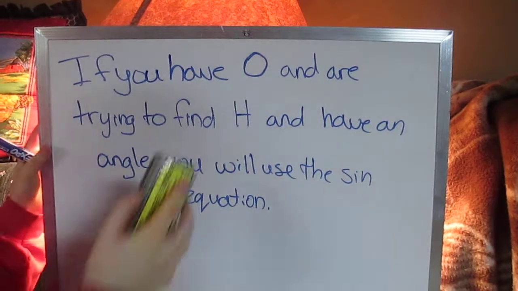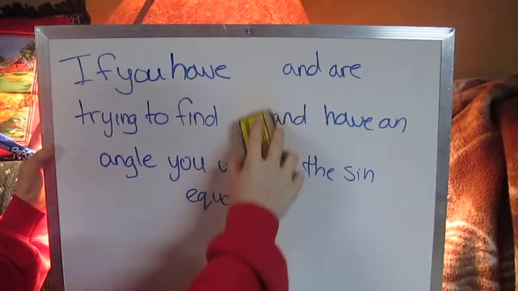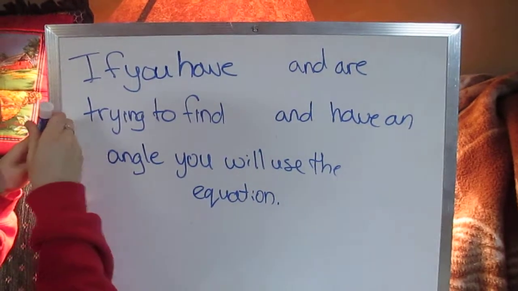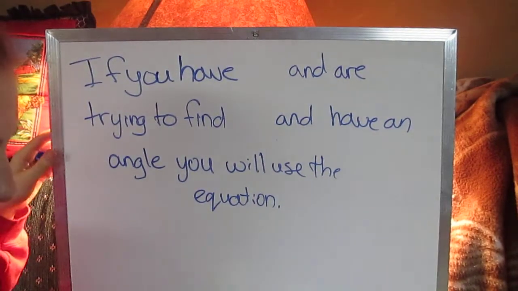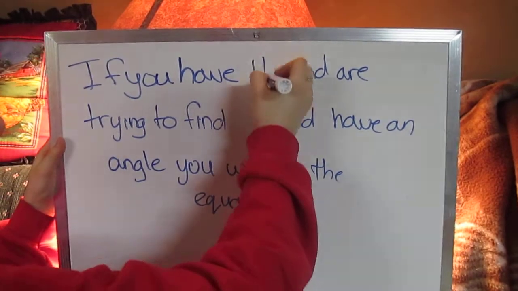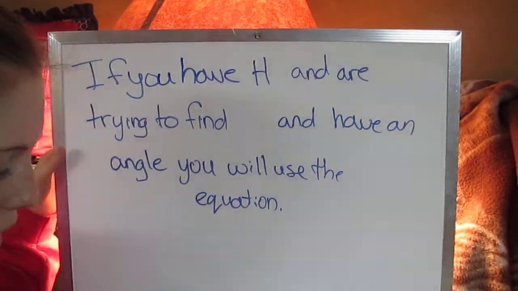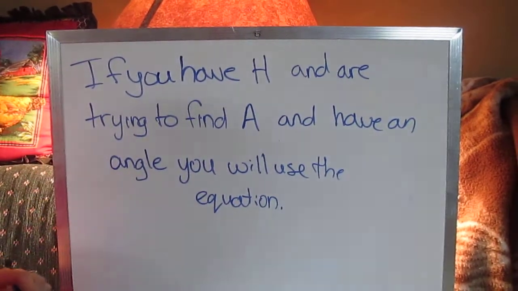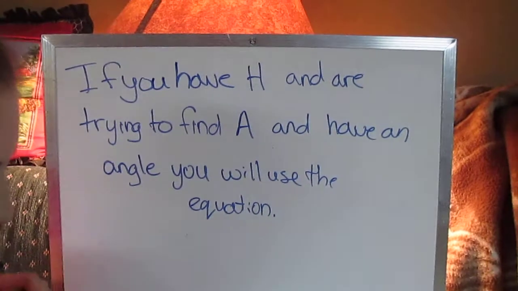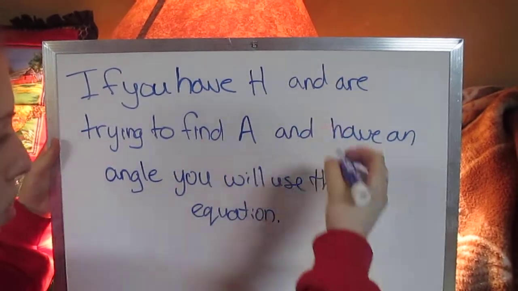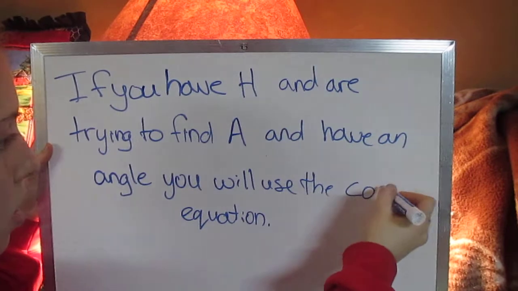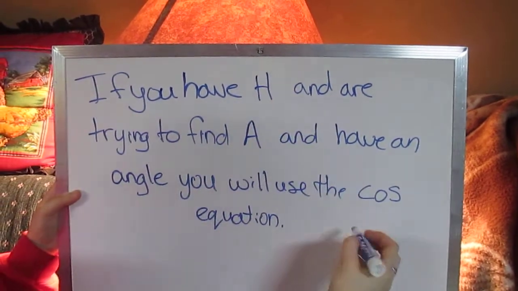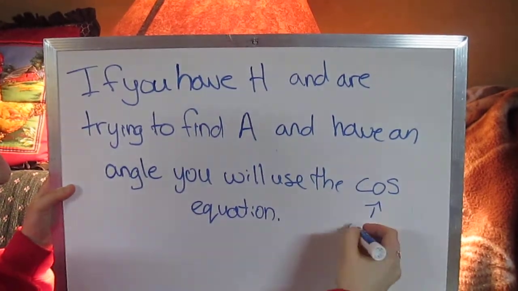Next, if you have the hypotenuse, H, and are looking for A, and have an angle, you will be using cos, because the letters here are A and H, which stand for CAH.